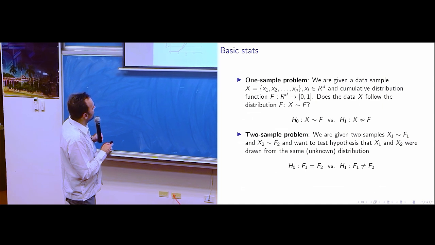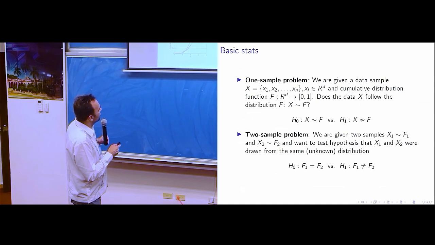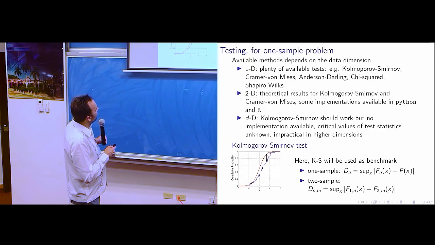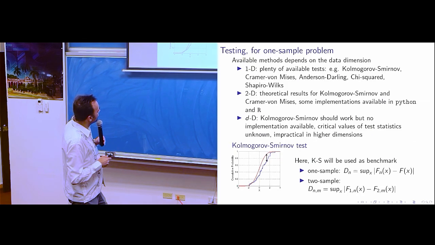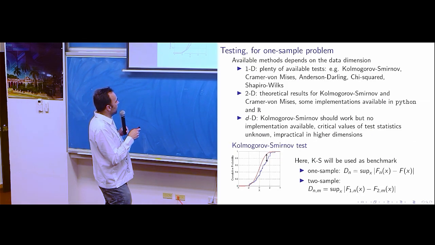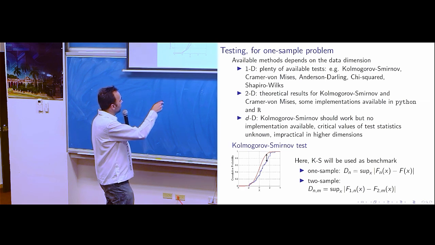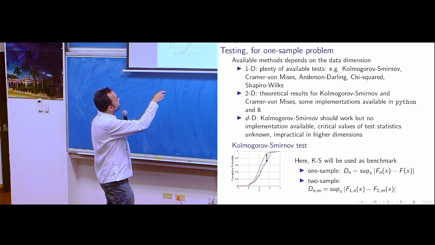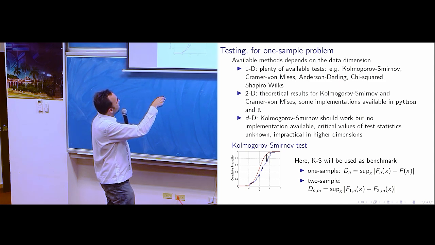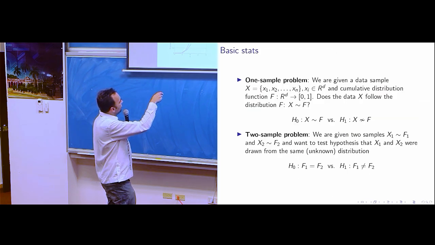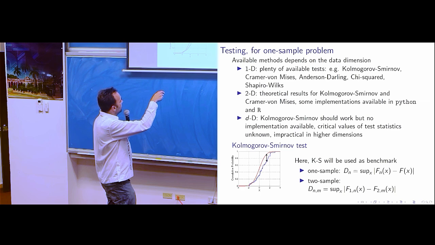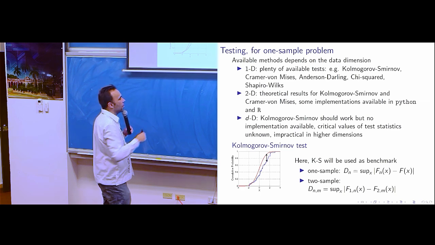Based on the sample, we build this experimental distribution function, which is in blue. If we have n points in the sample, at every point we look at how many points from our sample X are to the left of a given point, divided by n, the cardinality of the whole thing.